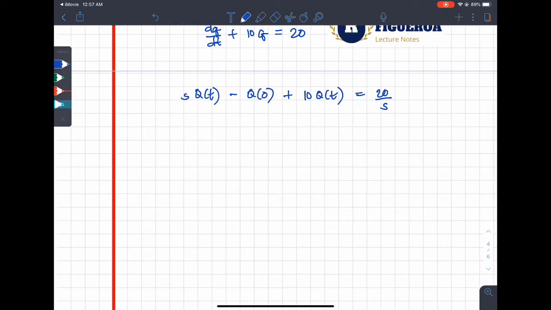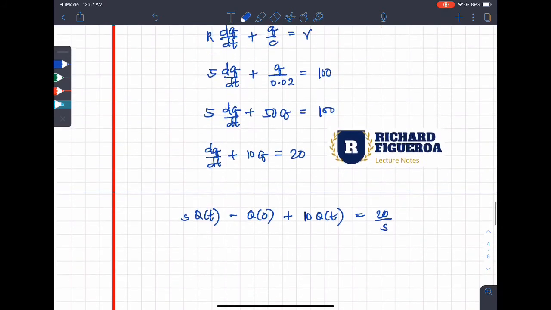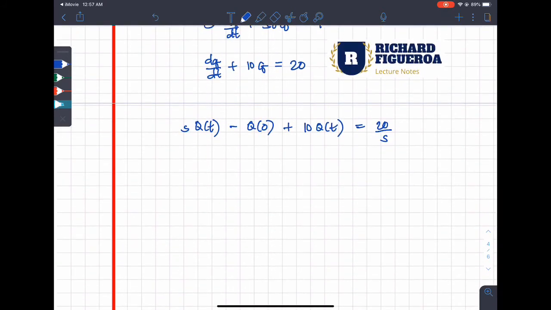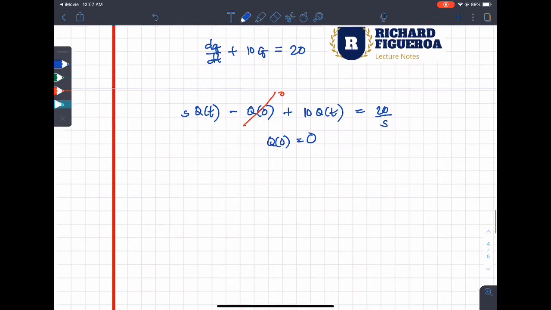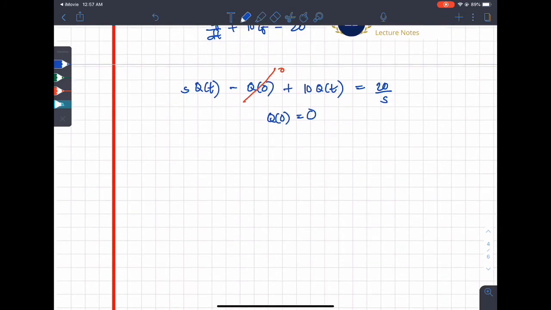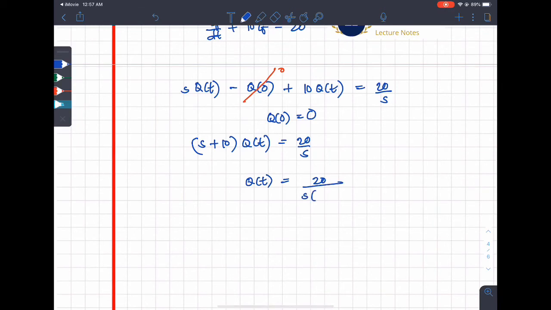Next, initially there's no charge, so q(0) equals 0, therefore that would cancel out, and we could factor out, so we'll have (s + 10) Q(s) equals 20 over s. So Q(s) would be equal to 20 over s times (s + 10).